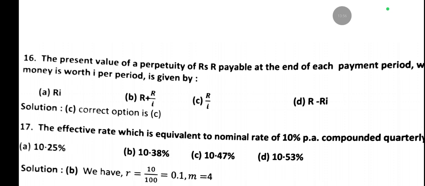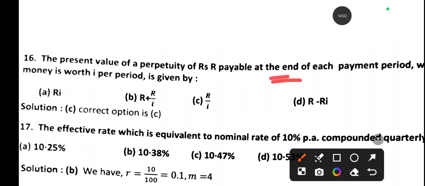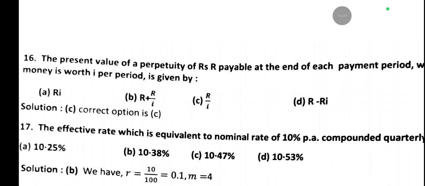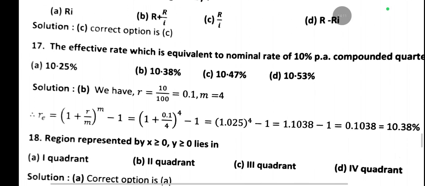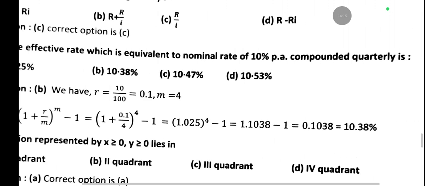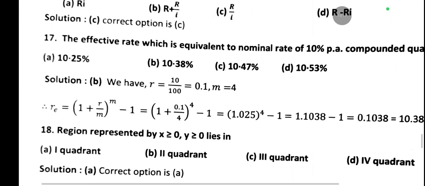Then present value of perpetuity, they are talking about the end. Since they are talking about the end, the formula is P is equal to R by i. Suppose if they talked about the beginning, P is equal to R plus R by i. Other things you know, that is not there. Then effective rate, compounded quarterly, 10% they have given.